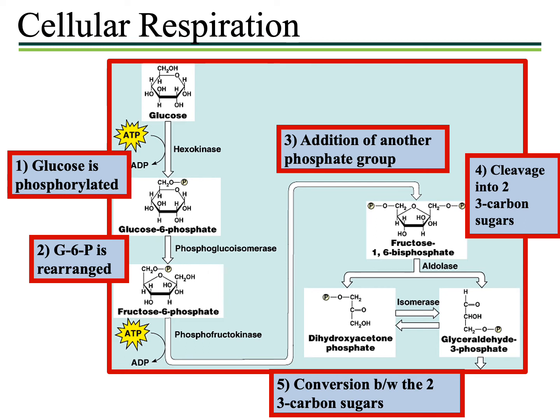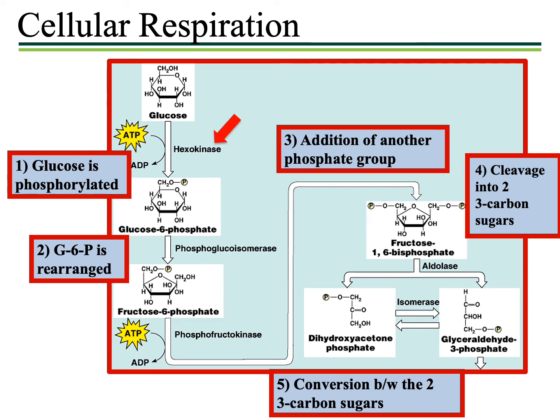Glucose enters into the pathway, and the very first enzyme that is encountered is an enzyme known as hexokinase. Specifically, kinases are families of enzymes that transfer phosphate groups from one substrate to another.